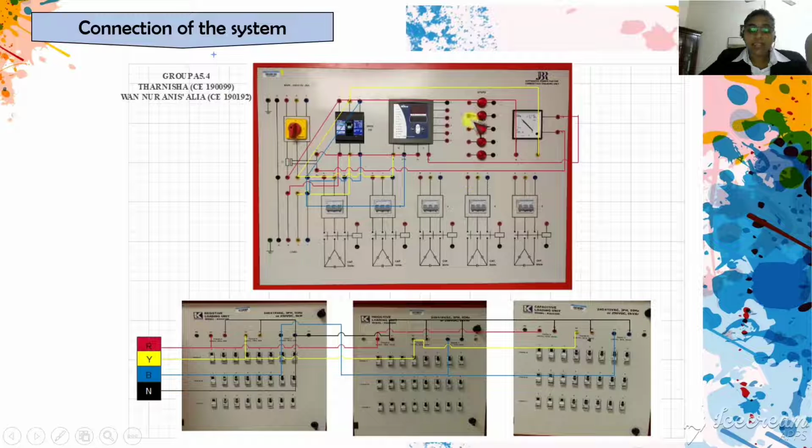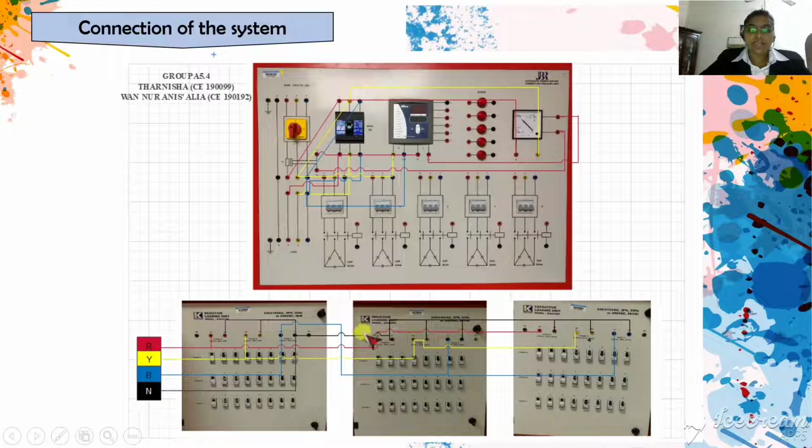Next, we can see that this is the power factor panel, and also we can observe here that the blue phase is connected only at main supply to main circuit breaker and also the digital measurement unit, while red and yellow phase are connected between these four devices.